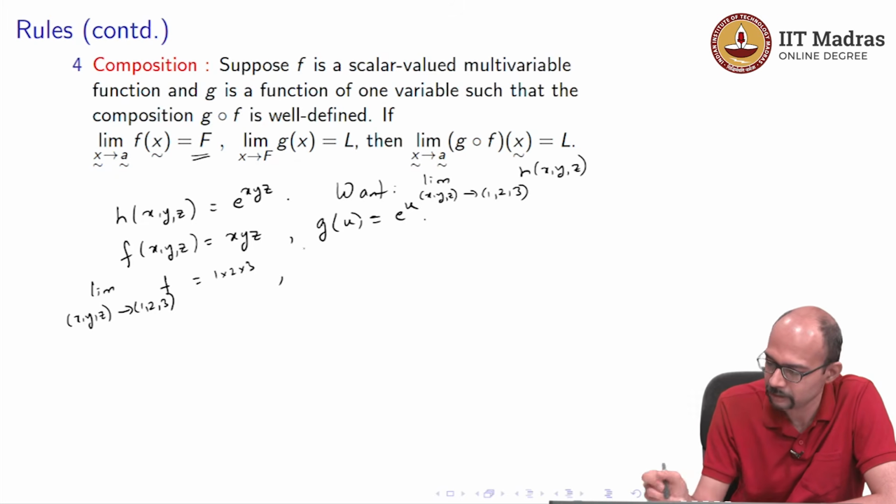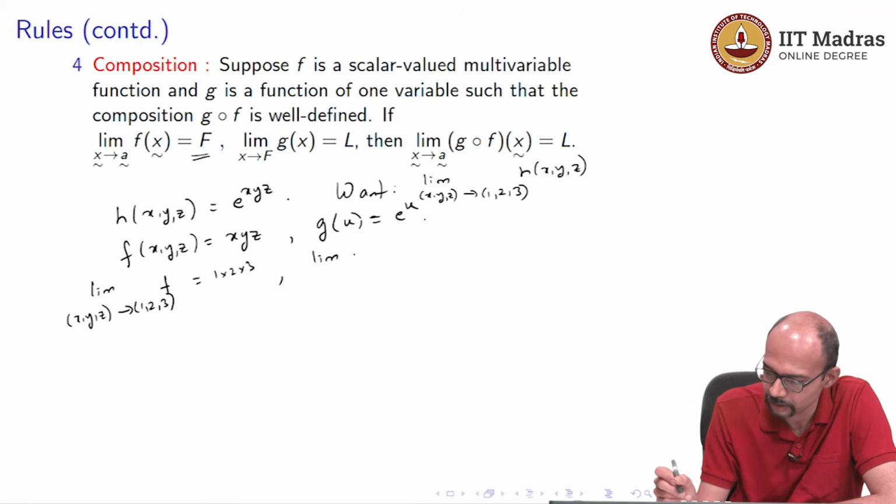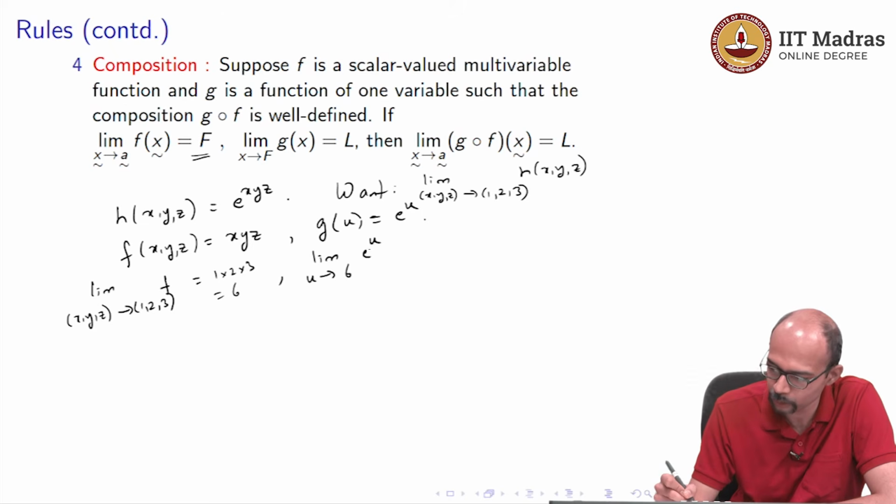And then we have the limit of g of f of x. So, here we want u tends to this number, which is 6, of g of u, which is e to the power u, this is e to the power 6.